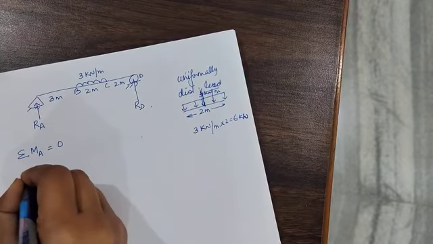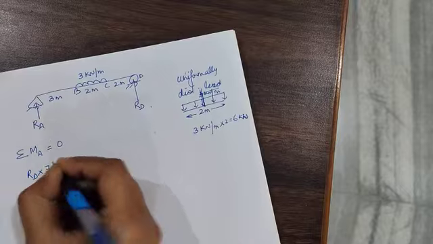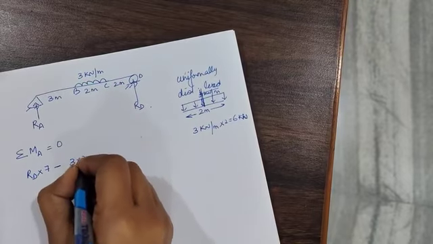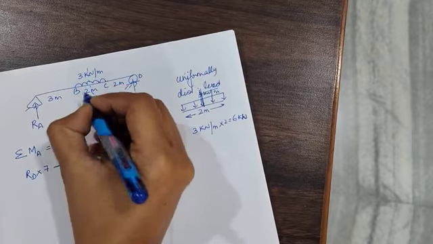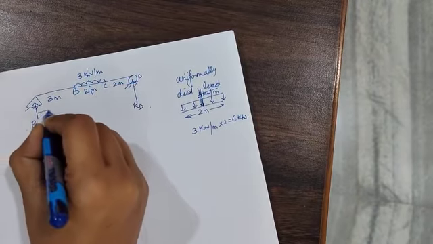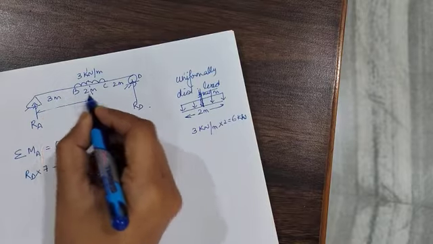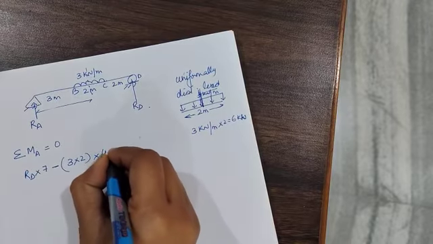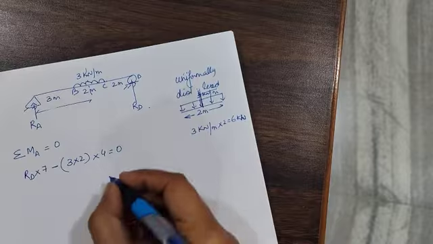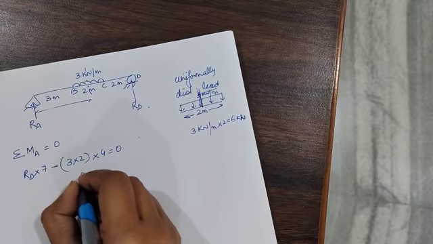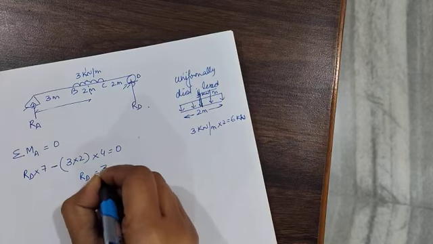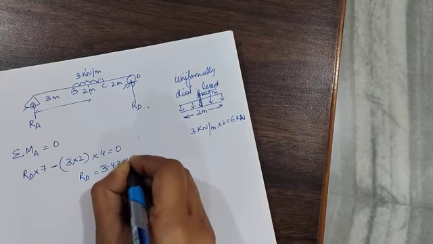RD into 7 minus 3 into 2 is the total load. Where is it acting? It is acting at its CG. So what is the distance from this particular point? It is 3 meters plus 1 meter, that is into 4 is equal to 0. So you will be able to get the value of RD. So RD is coming out to be 3.43 kilonewton.